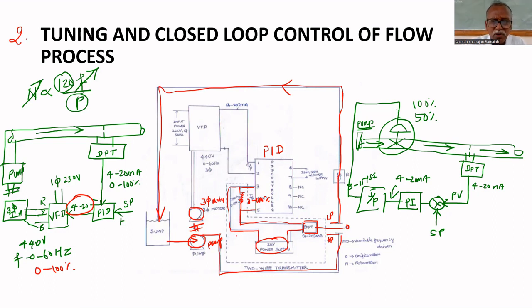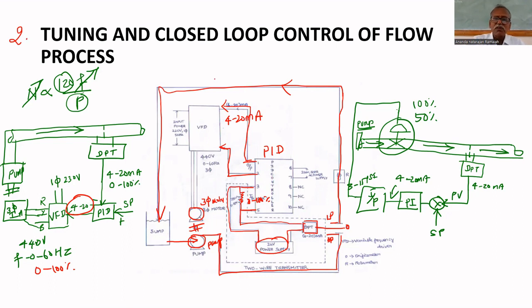So it is configured for 1 to 5 volt. That's why the drop across 250 ohm is given as input to the PID controller. Set point is given as number. The PID controller in turn gives out its output, 4 to 20 milliamps.